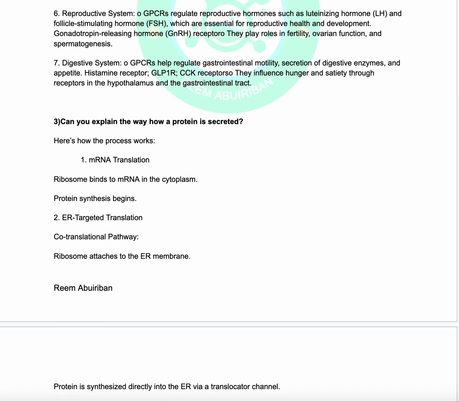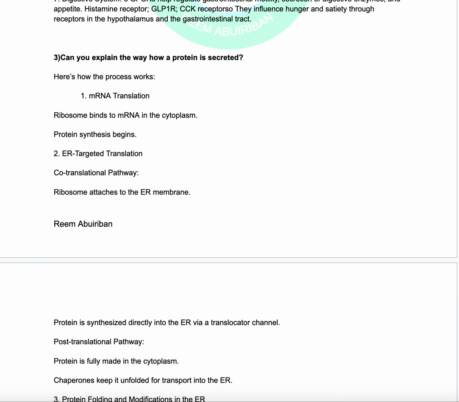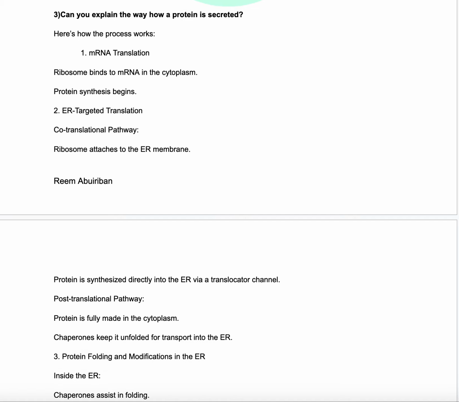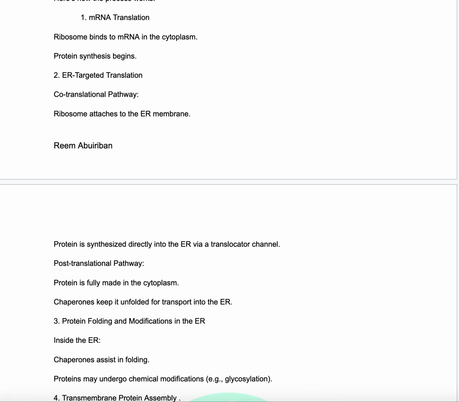So the first step is mRNA translation, where ribosomes bind to the mRNA in the cytoplasm, and then protein synthesis begins. Endoplasmic reticulum targeted translation, the co-translational pathway: the ribosome attaches to the endoplasmic reticulum membrane, and the protein is synthesized directly into the endoplasmic reticulum through the translocator channel. In the post-translational pathway, the protein is fully made in the cytoplasm.